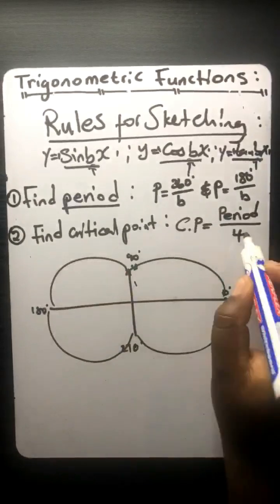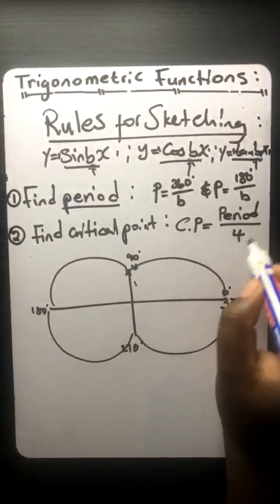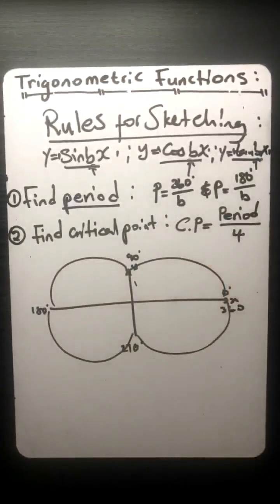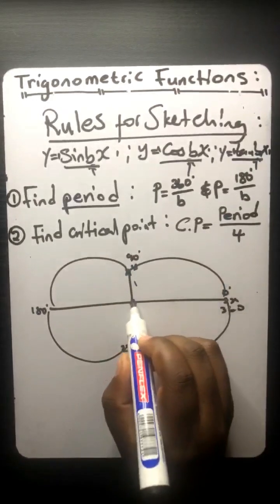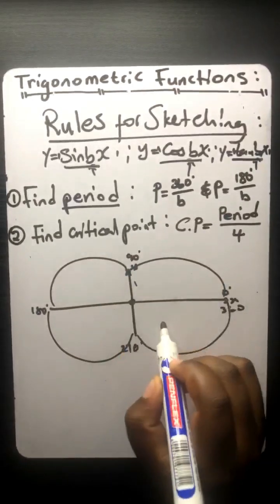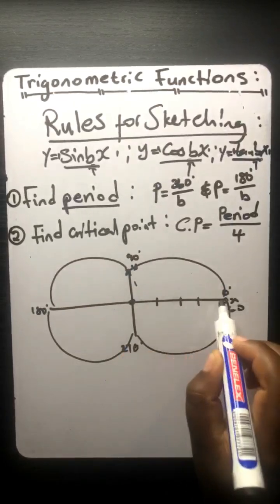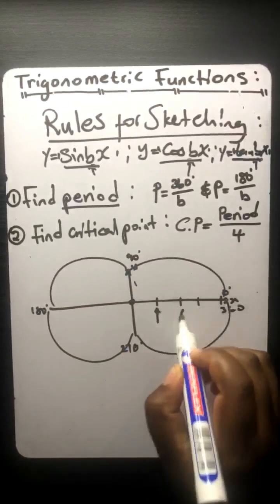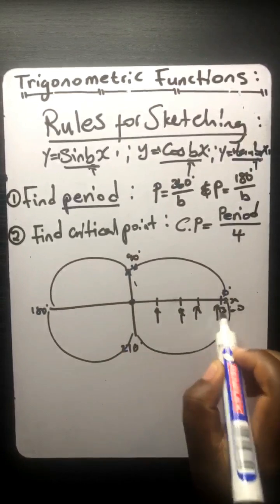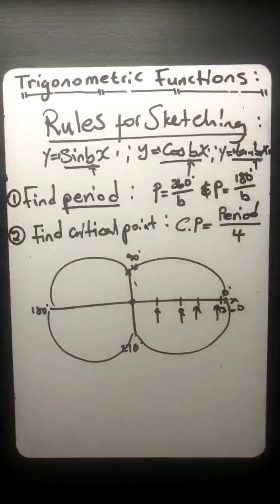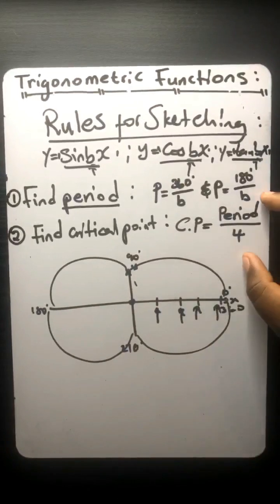That's how you will remember that you just take your period and divide it by 4, for 4 quadrants. Or otherwise, one would say, from the origin, you have those main angles being 90, 180, 270, then 360. It's 1, 2, 3, 4. So you divide it by 4. Does it make sense how you find the critical points?